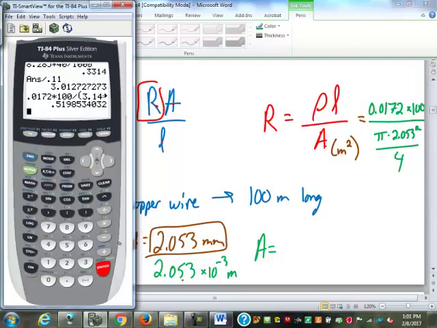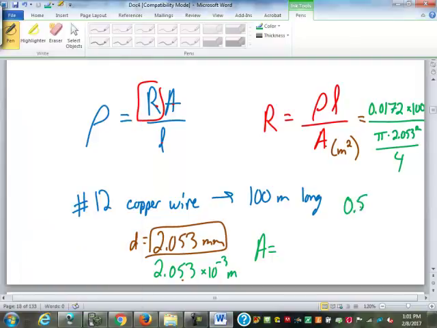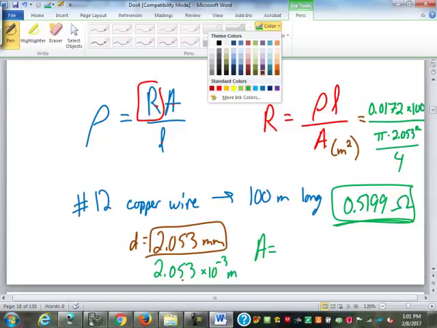Hit enter, I get 0.5199 ohms. So that 100 meter piece of number 12 wire should be 0.5199 ohms. Let's compare that, just for fun. Back to page 277. Number 12 wire is 0.5211 per kilometer.